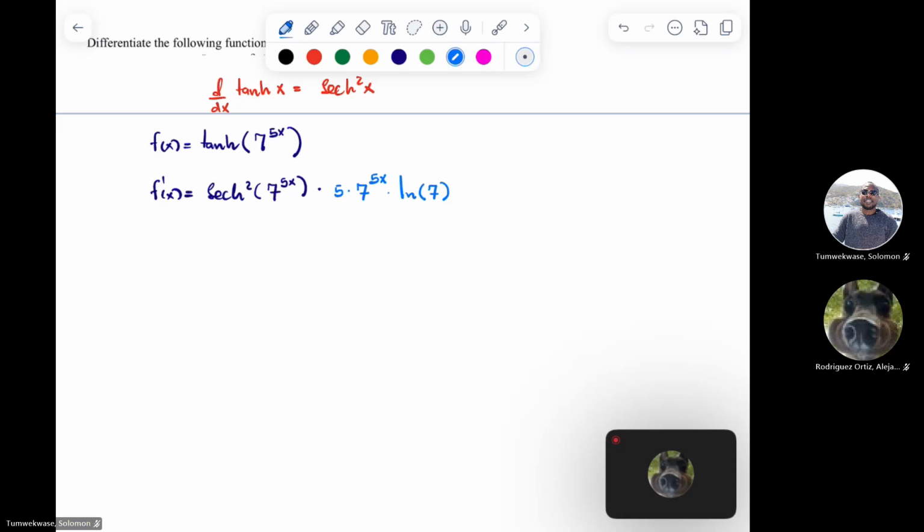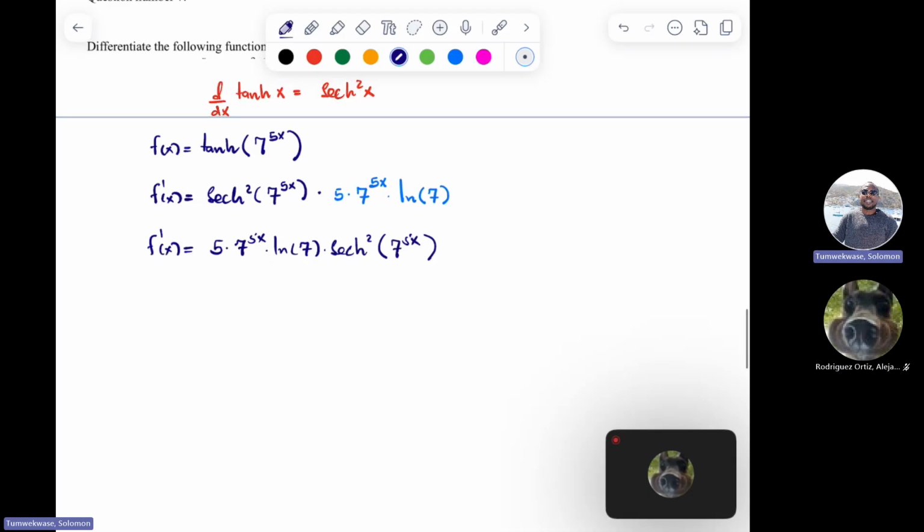Okay, so I can rearrange this nicely, and I have this as 5 times 7 to the 5x times natural log of 7, then times sec hyperbolic squared of 7 to the 5x.